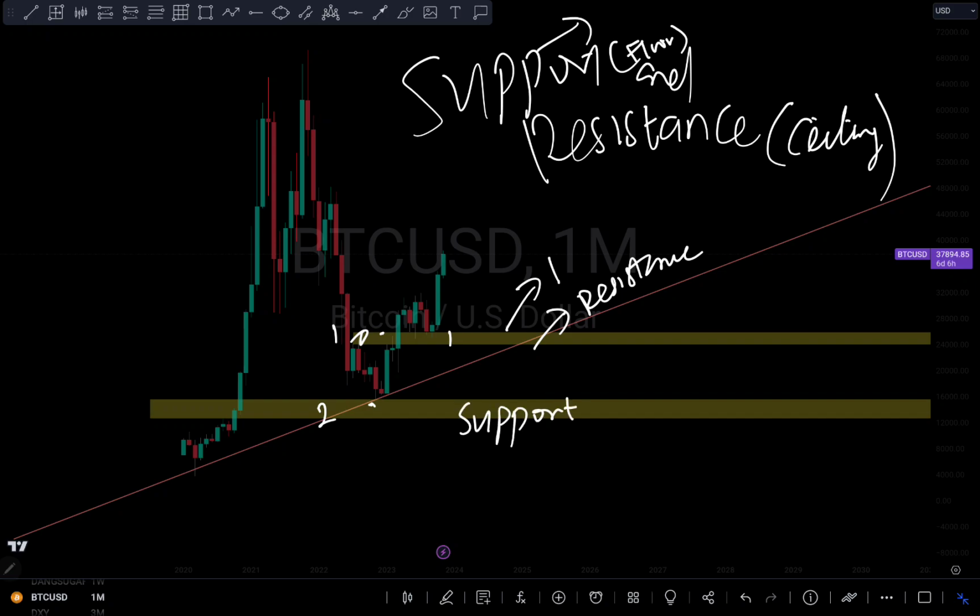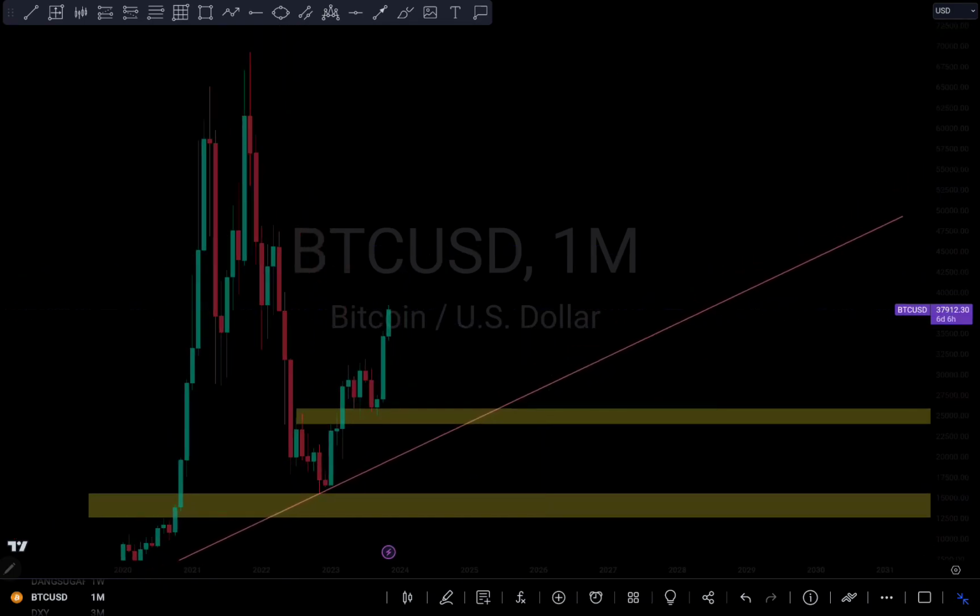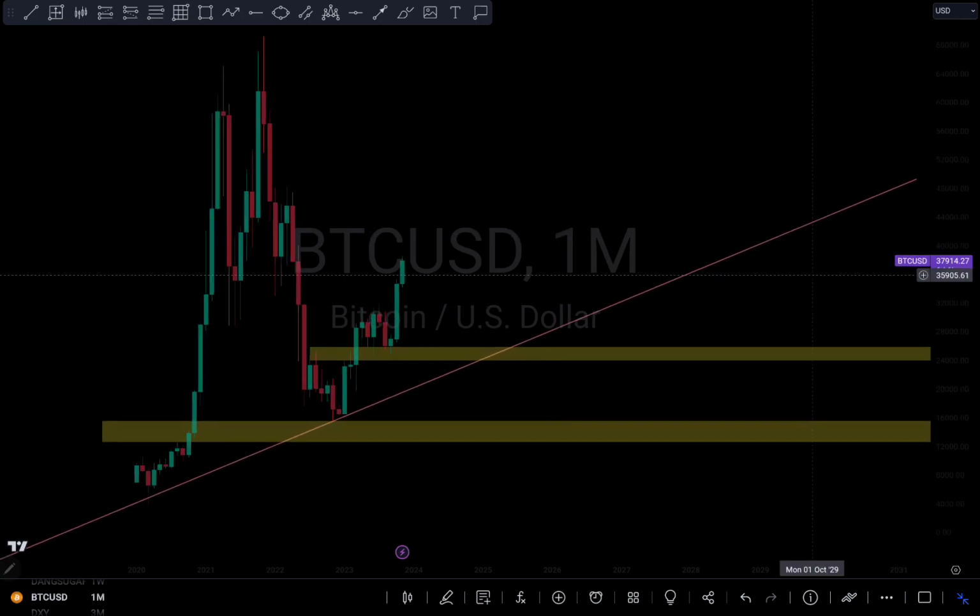I have a video on how to identify resistance and support, so you can watch that if you're a beginner who doesn't really know how to use them. So we can see right here, and another confluence we can see right around this area. I talked about confluence, and for those that don't know what confluence means, it's adding two or more things together to add up to what you think is going to happen, because the more things that add up in your favor.